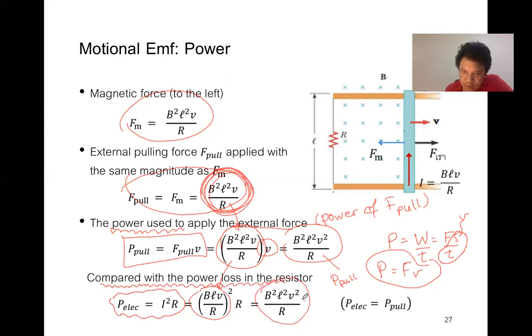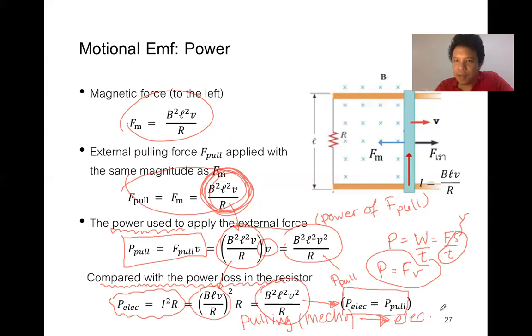So we can conclude that the electric power is equal to the power of the pulling force. So we can see that pulling, which is mechanical energy, can be transformed into electricity. And this can be the concept of an electrical generator, in which we apply the pulling force, and the pulling force can be changed into electric power.